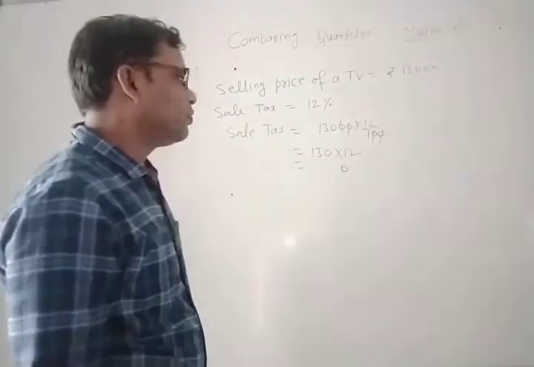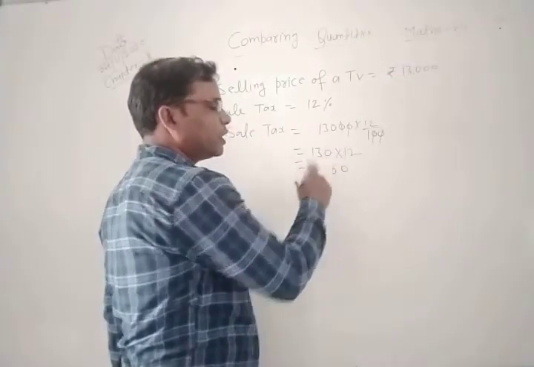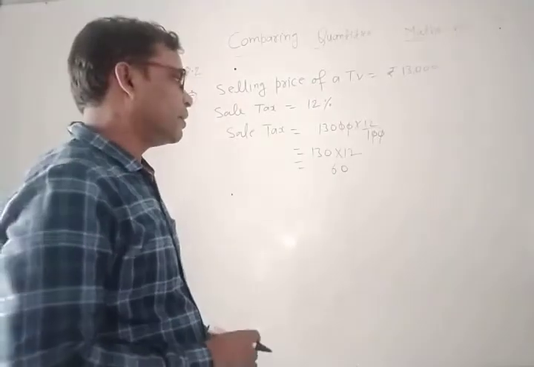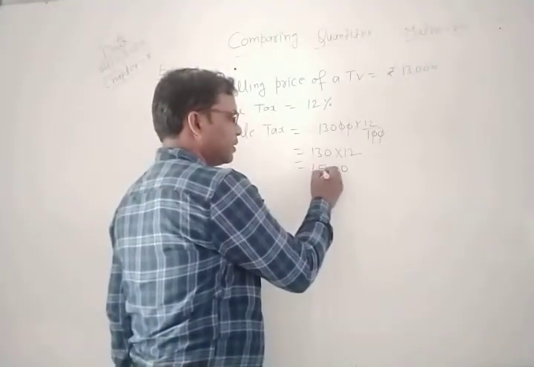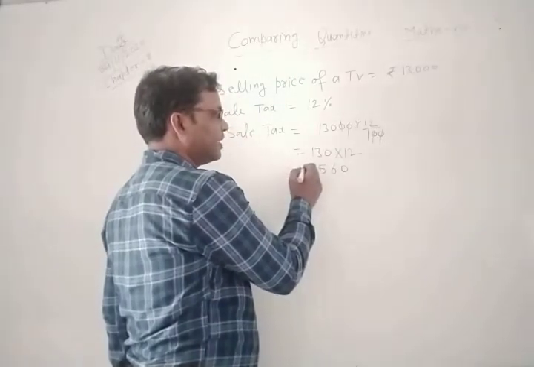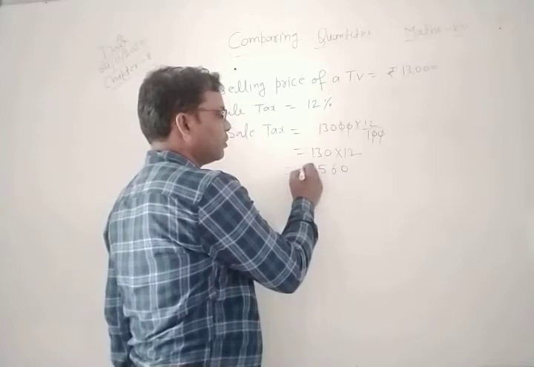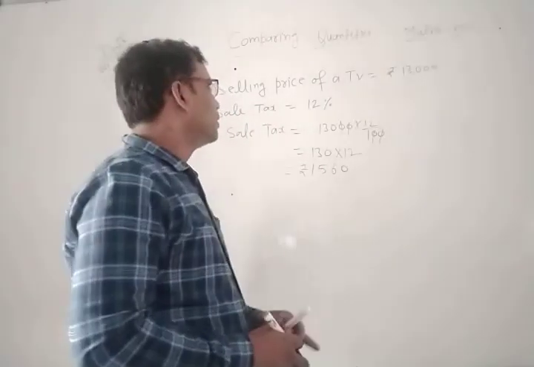Clear? And 12 threes are 36, carry 3, 12 ones are 12, and 12 plus 3, 15. So your sales tax is 1,560 rupees. Okay.